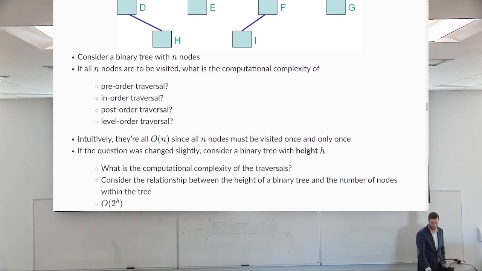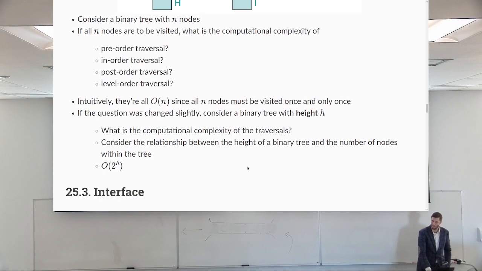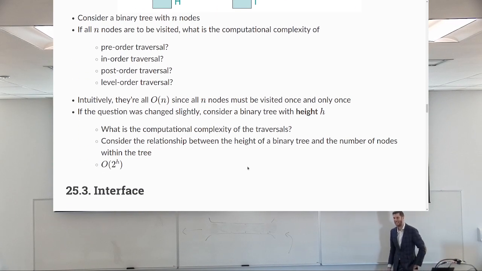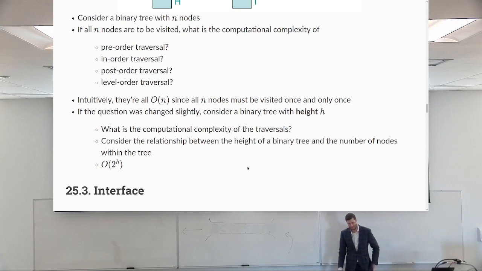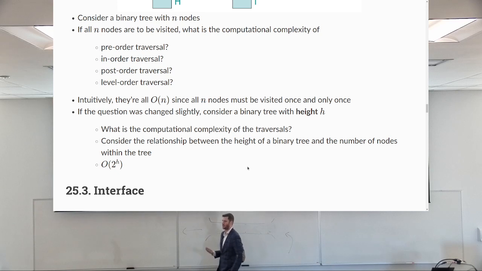But this is because we have to be very careful about what is n. When we talk about computational complexity, it's always relative to some input size. But that input size and what it means could be 2 very different things in different contexts.